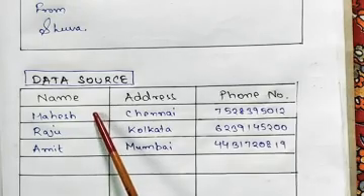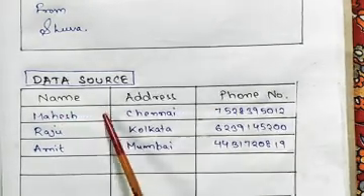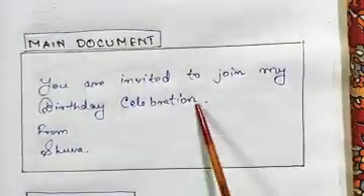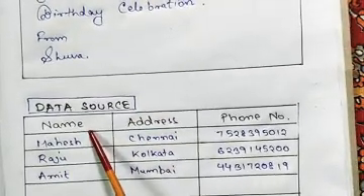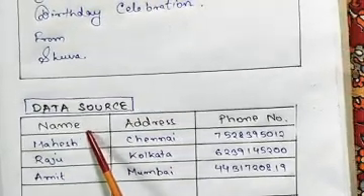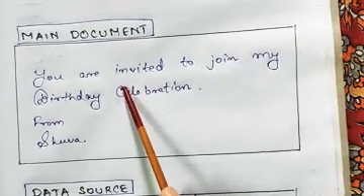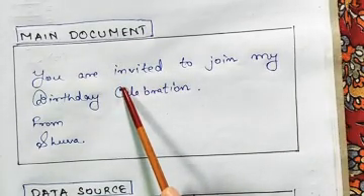Now from the data source, mail merge will take each individual entry and merge it with our original main document. So if I am going to send to 3 persons, then it will take these 3 entries from the data source and merge them with this main document to create 3 different letters automatically.